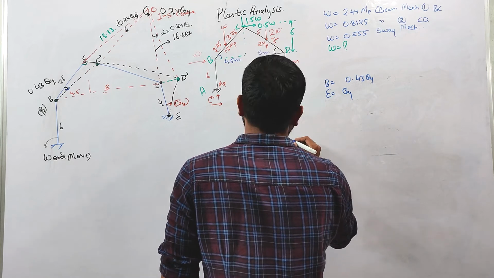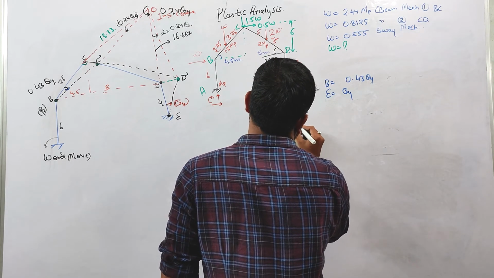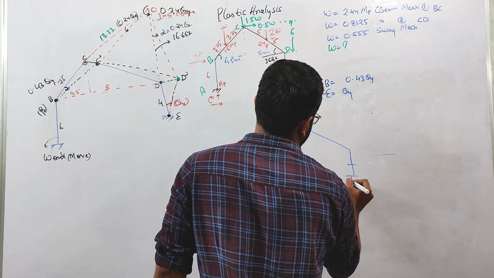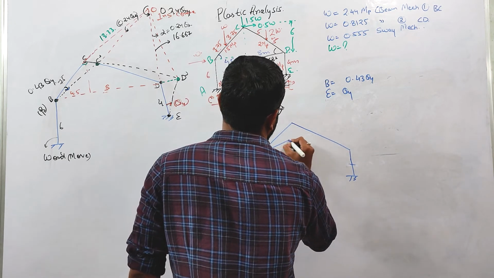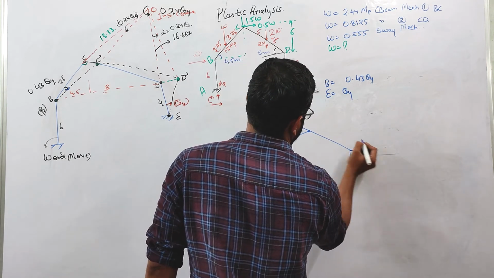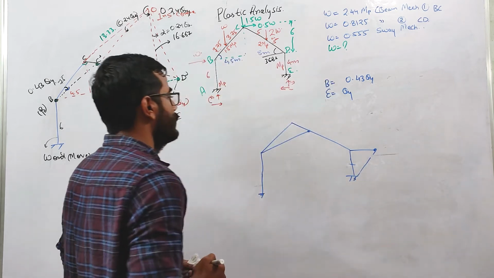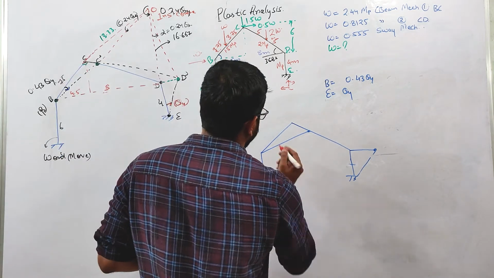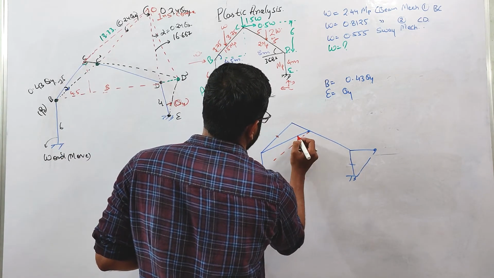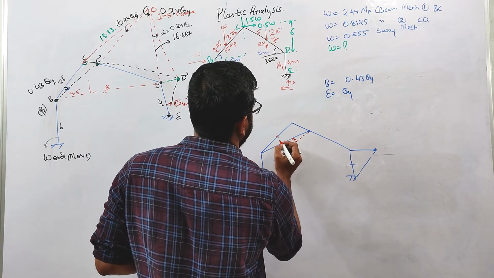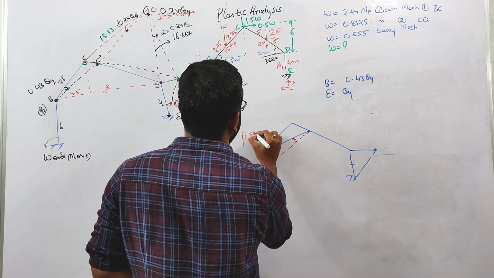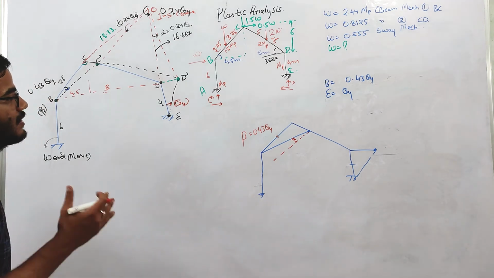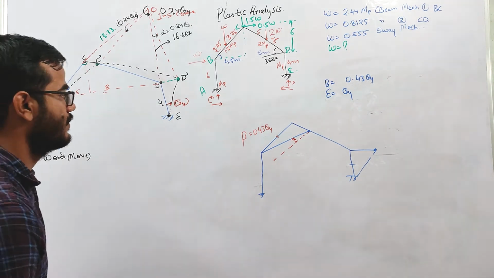So if you see, this is our case. The C member is coming here, and this is D dash, right? So if you draw a parallel line to this, this angle will be beta, that will be equal to 0.43 theta 4. And the direction is clockwise.